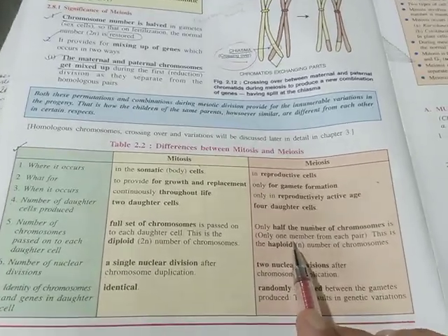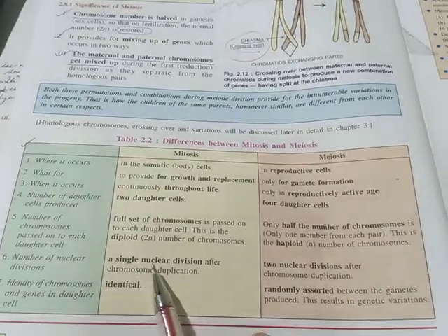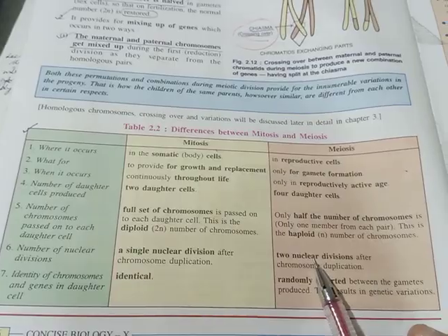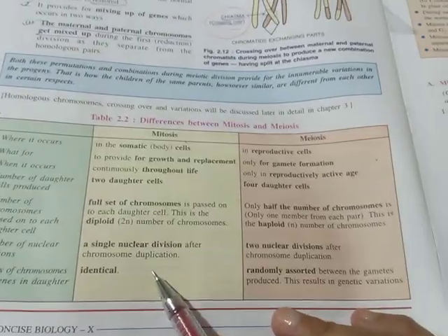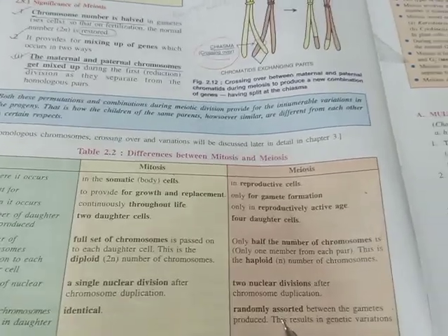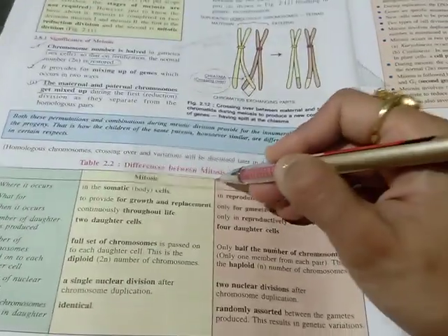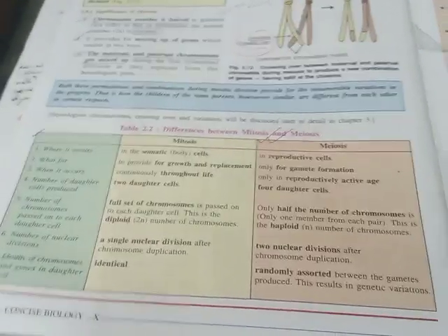Here half, that is haploid, or n number of chromosome passes. Then single or one nuclear division. Here 2 nuclear divisions can be seen. Finally, the daughter cells are exactly identical to the parent cells, and here they are randomly assorted, leading to genetic variation. So this is your homework table. As the first point, you will write down in your copies.